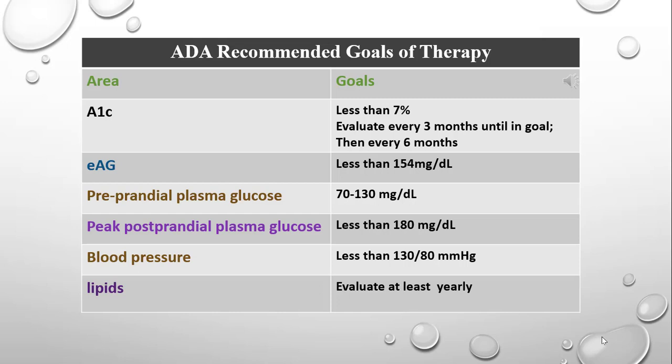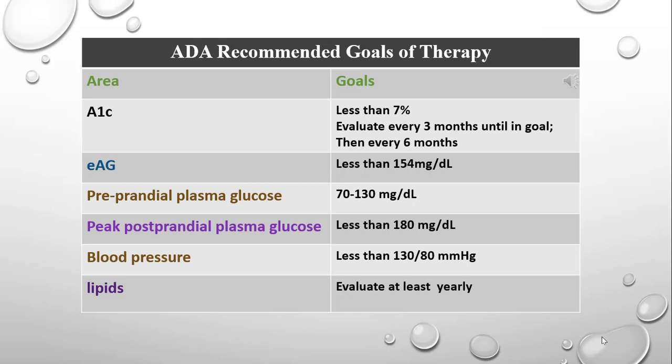Estimated average glucose should be less than 154 mg per deciliter. Preprandial plasma glucose, meaning before a meal, its value should be 70 to 130 mg per deciliter, and the peak postprandial plasma glucose concentration, meaning after having food, its value should be less than 180 mg per deciliter.